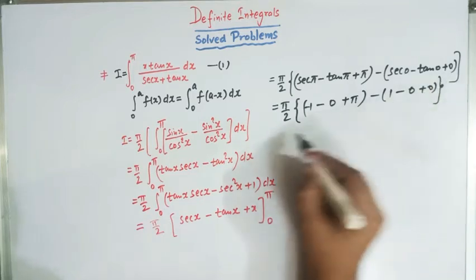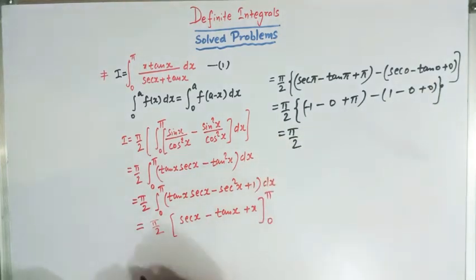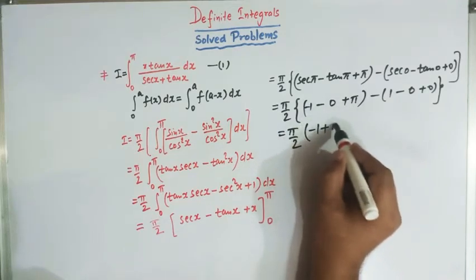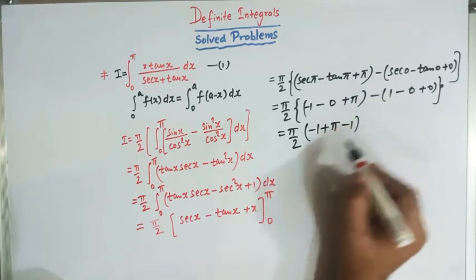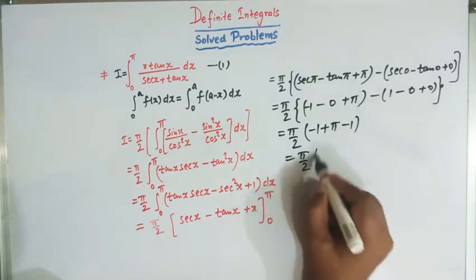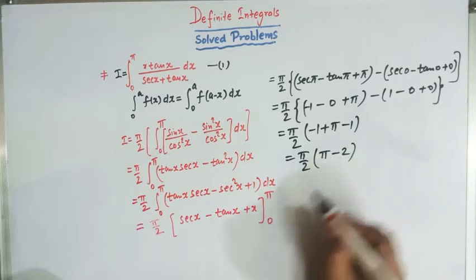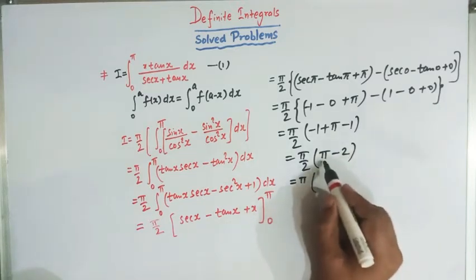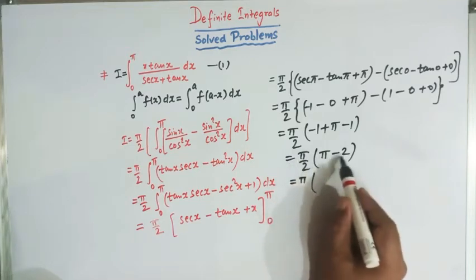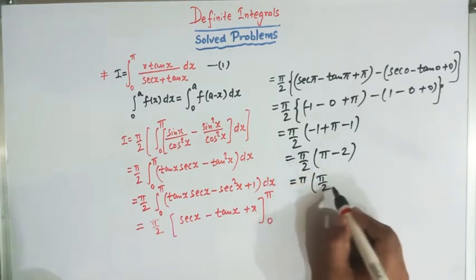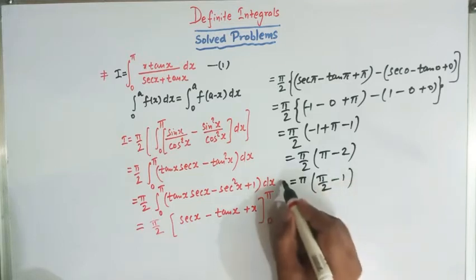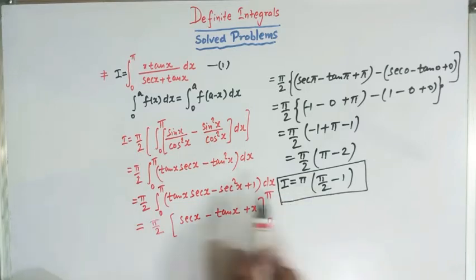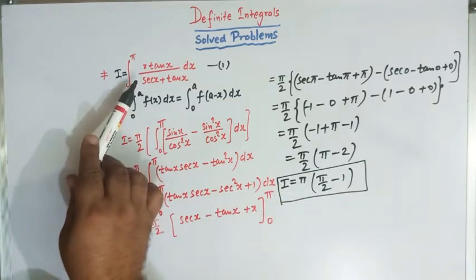So we have pi by 2 times minus 1 plus pi, and here we have minus 1, so this is pi by 2 times pi minus 2. If we multiply this term by half, we have pi squared by 2 minus pi. So viewers, this is the required value of this definite integral.